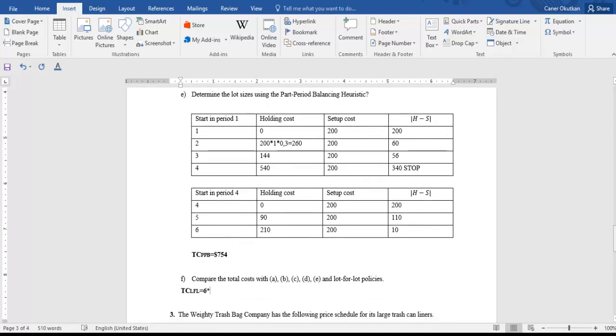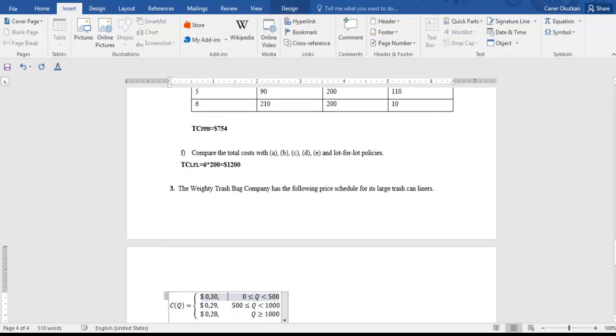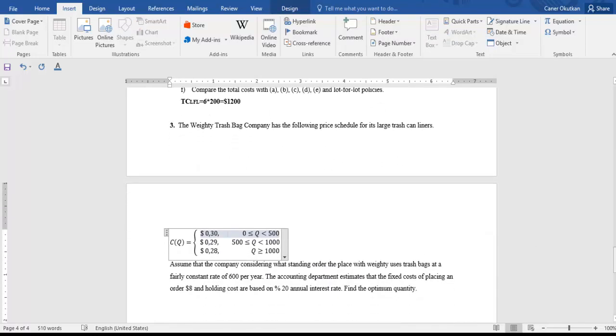So we have 6 setups and we have only setup cost. So in this model, our total cost 1200. So it is the worst method. We calculate all of model results. So we pass to another question, question 3.